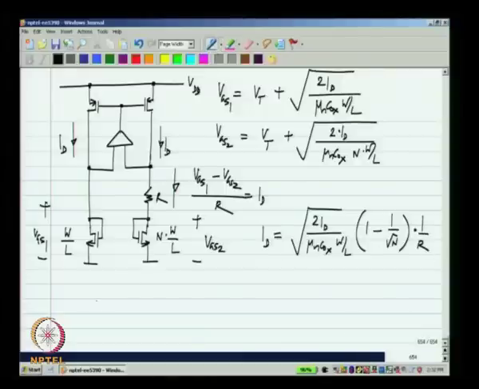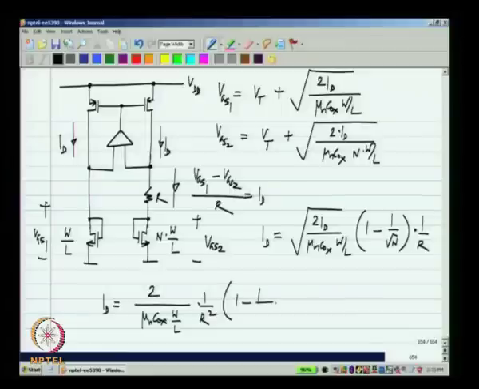And if you solve for this, ID you can easily see is two by mu n Cox W by L, 1 by R square, 1 minus 1 over square root of n whole square. Okay.